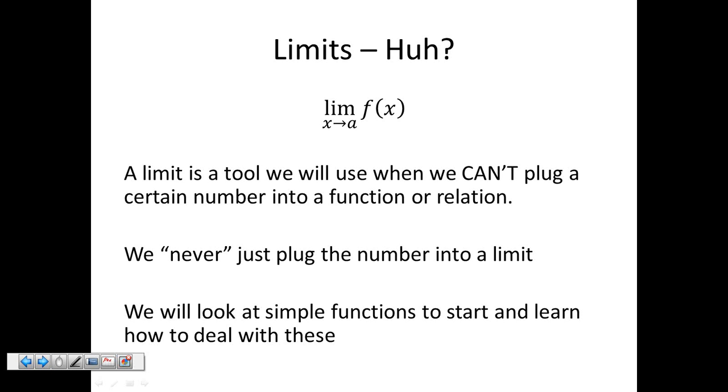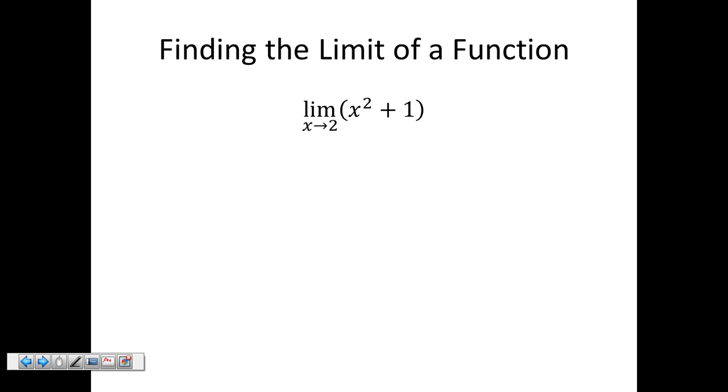Now, we're going to look at a simple function to start with and learn how to deal with these limits by looking at functions that we're very familiar with. So let's take a look at this limit where x is approaching 2 for the function x squared plus 1. This is just a quadratic. It's our basic quadratic function that has been shifted up 1. Nothing real surprising going to go on here, but we're going to take a look at how to solve this limit using a table.